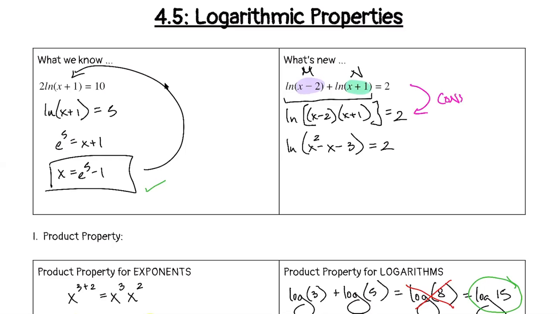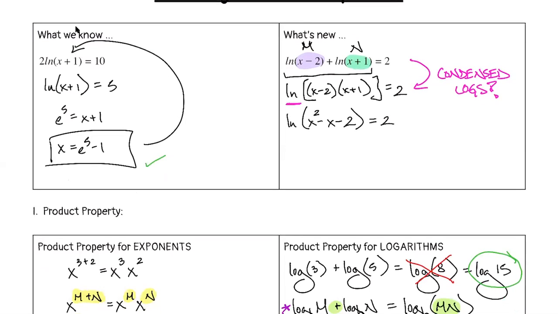We condensed our logs, and now we have only one log, which looks exactly like all the equations we already know how to solve, okay? Which is pretty neat. So let's make sure we also change that last number, minus 2, okay? So this is how we're going to be using the log properties to help us solve the equation, all right?